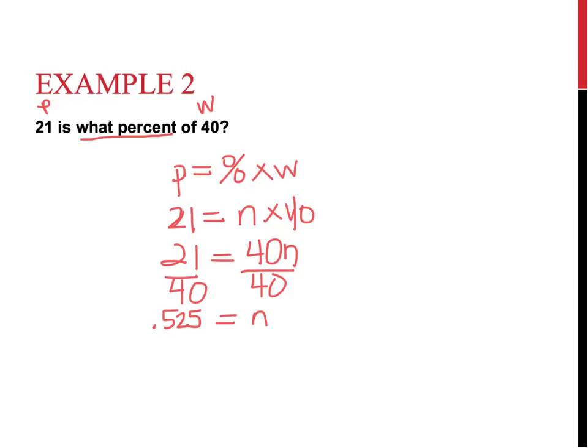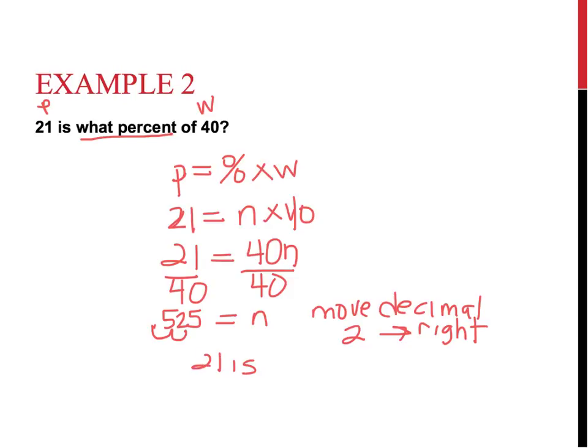Well, that's not in a percent, so we have to move the decimal 2 to the right. So let's do that. 1, 2. So we get 21 is 52.5% of 40.